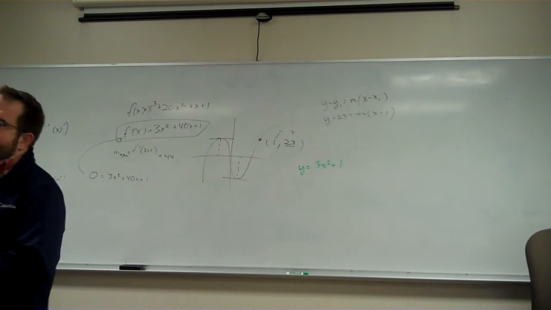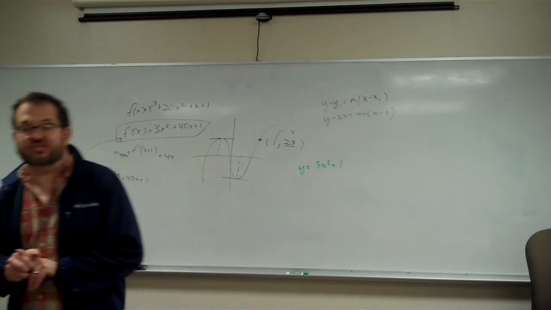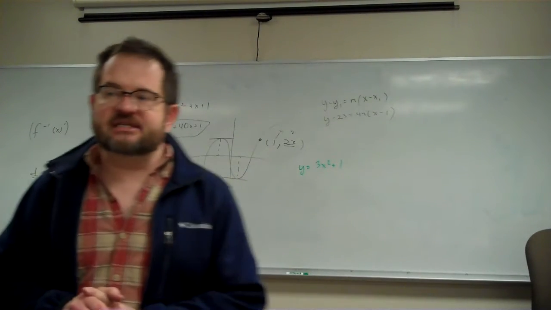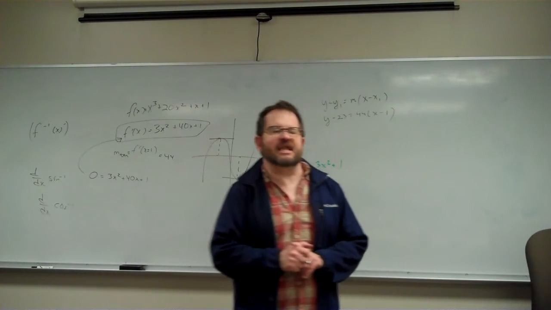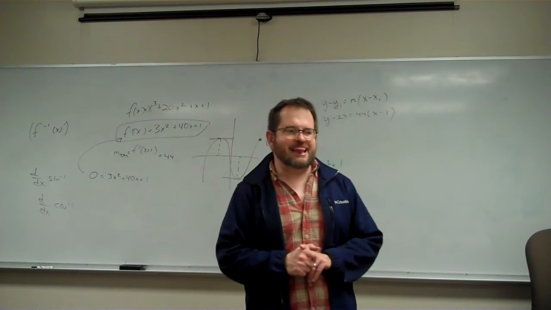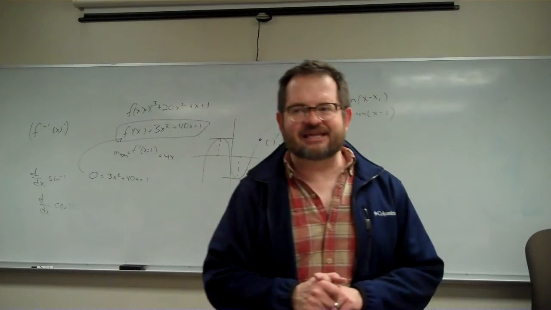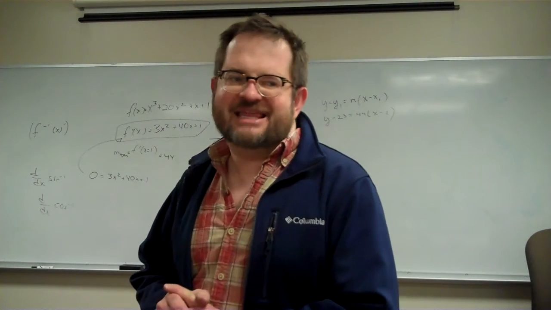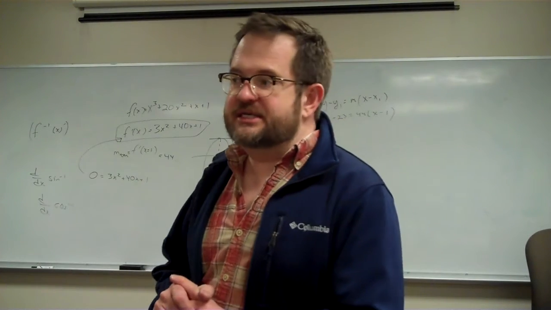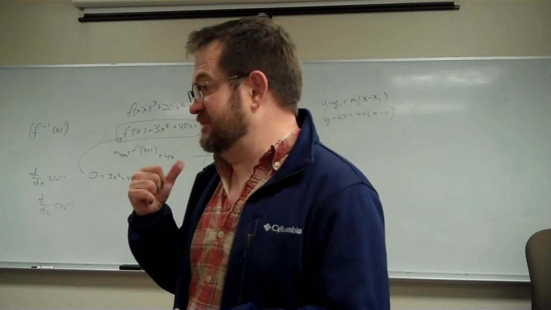Where I'm not entirely sure how I feel about it is implicit differentiation. Implicit differentiation, which was the second to last section in this chapter, I like it, and I think it's coming up again. But I think I'd rather have more review about it and slip that onto the next test or something like that.